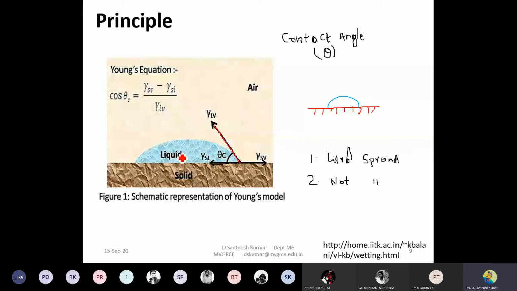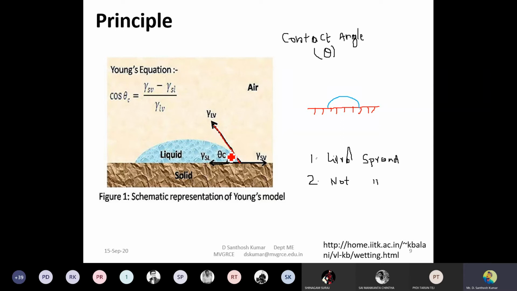So here the contact angle theta is the deciding factor. Here you can see the surface energies: one is gamma LV, the liquid and vapor interaction, another is the solid and vapor interaction, and this is the solid and liquid interaction.